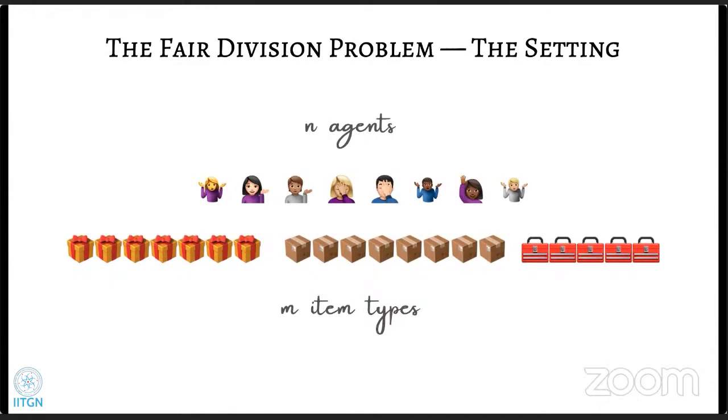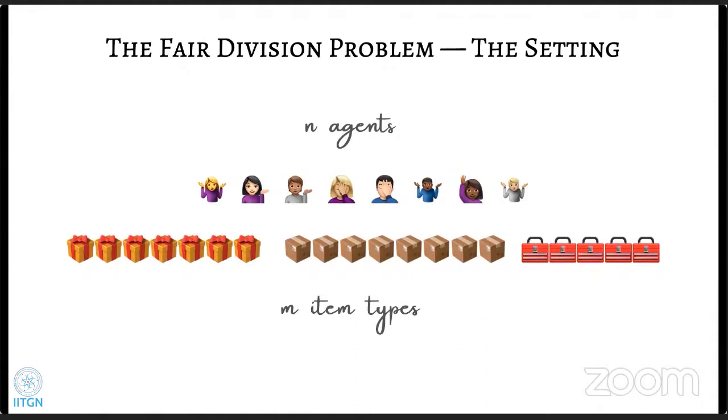These resources abstractly could be anything. They could be distributing, let's say, bands in some 5G spectrum. It could be items that you're trying to settle in a divorce settlement, and everything in between. So all kinds of situations are captured by this problem. In any case, let's just keep in mind that the literal number of items could be much larger than m.